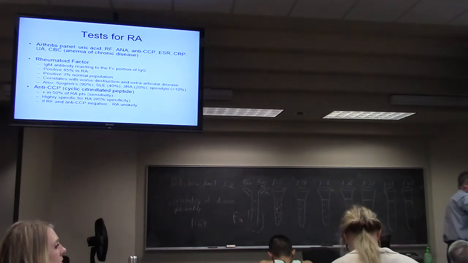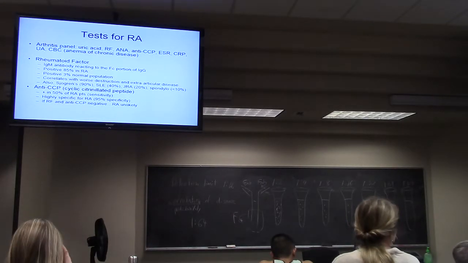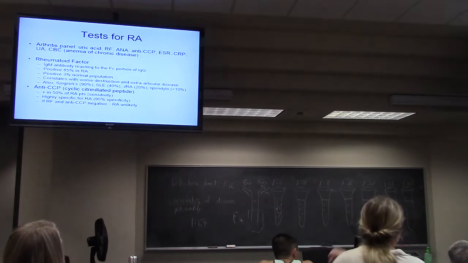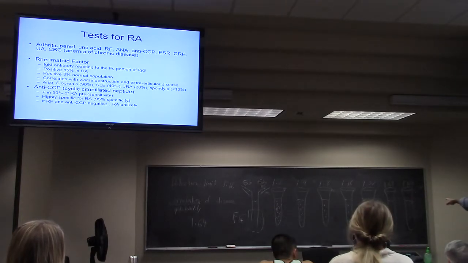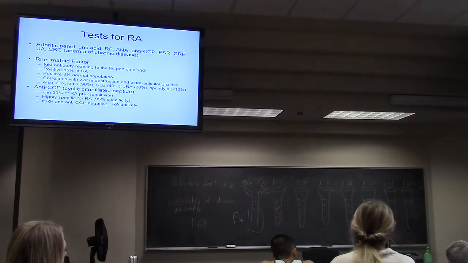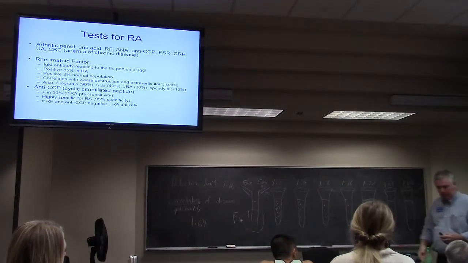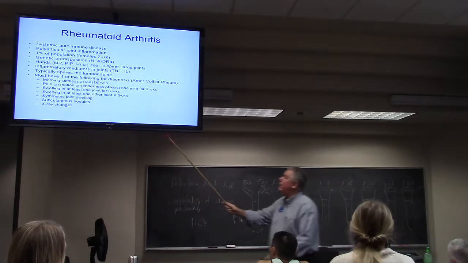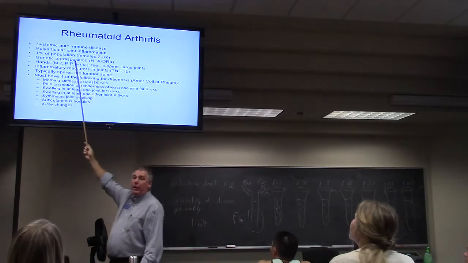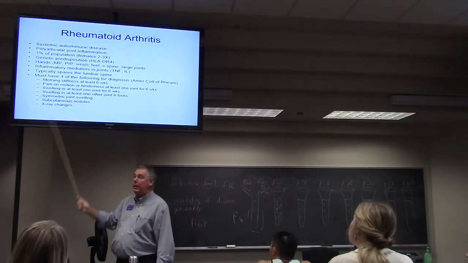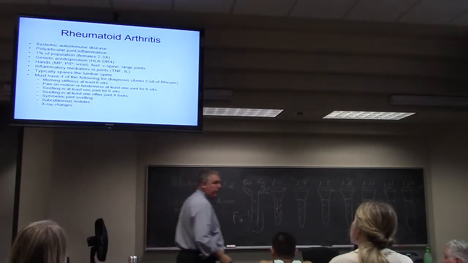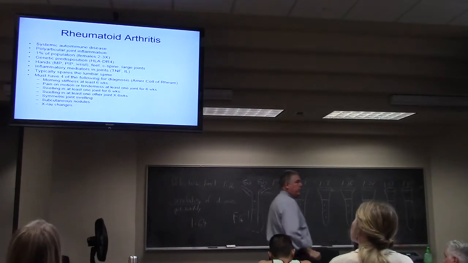If Zane, because he's more likely to have gonorrhea, if he came in with polyarticular joint problems, and he fit some of these criteria, what is on your differential?